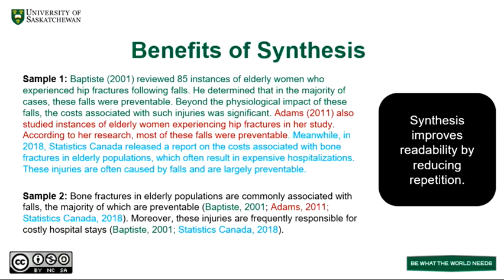However, the second sample is also emphasizing this notion of a relationship, but it is knitting the studies much more closely together. And so often when we have text that is more intentionally synthesized, more closely synthesized, this can enhance readability simply because we aren't reading the same information over and over and over again.